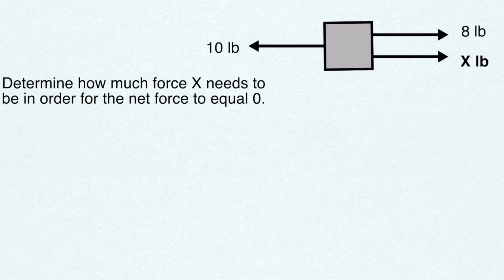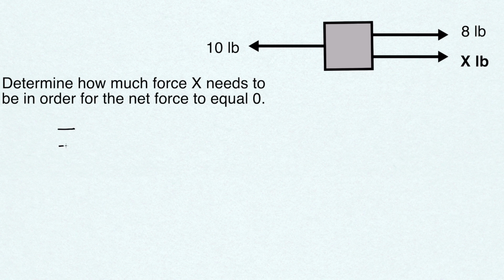So what would happen if we had an example like this? Determine how much force x needs to be in order for the net force to equal 0. So in other words, what does x need to be in order for the situation to cancel out? What this is basically saying is, what does x need to be for the tug of war game to end in a tie?